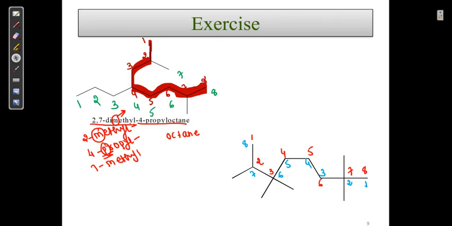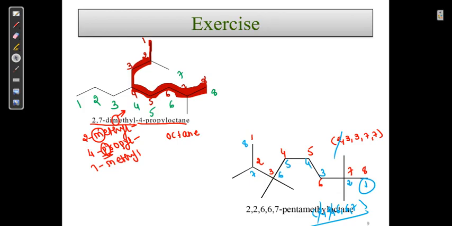So in case of red color, you have 2, 3, 3, 7, 7. And in case of blue color, 2, 2, 6, 6, 7. The first is going to be cancelled out. The first is going. So I think this is considered: 2, 2, 6, 6, 7. Pentamethyl octane. So very simple.